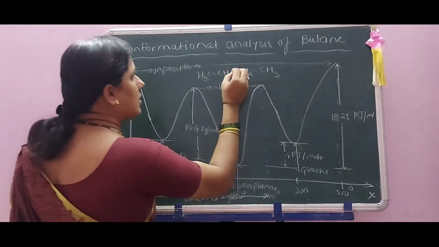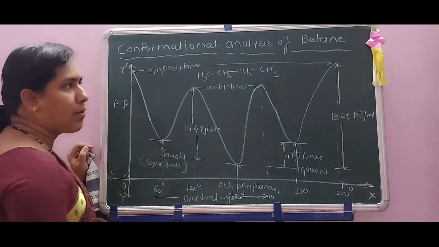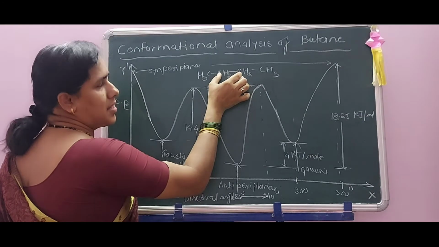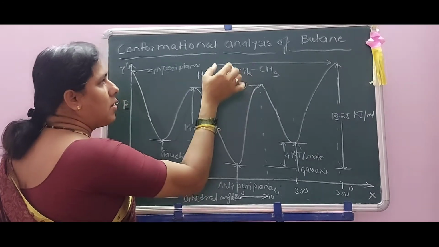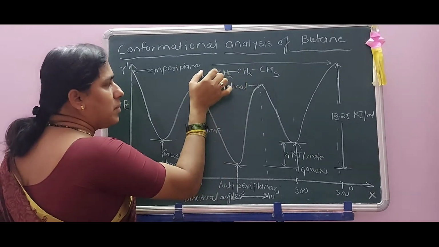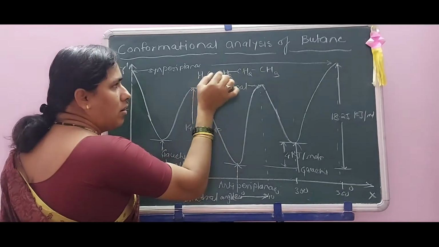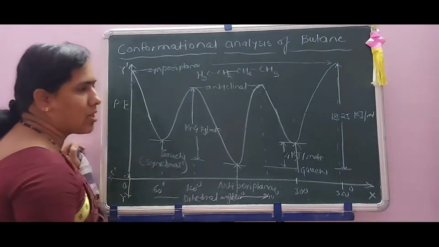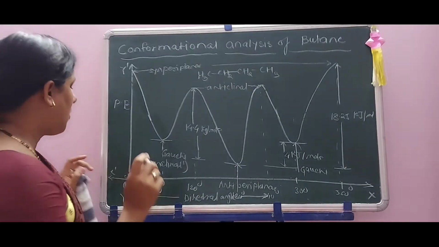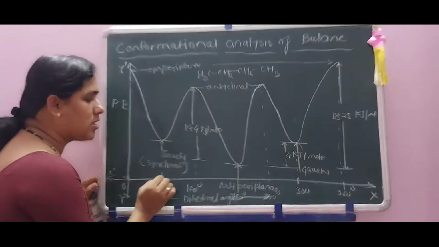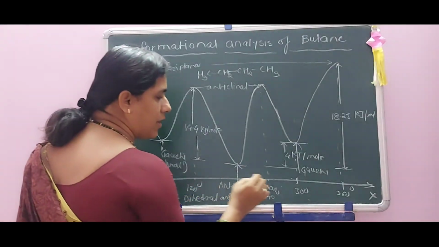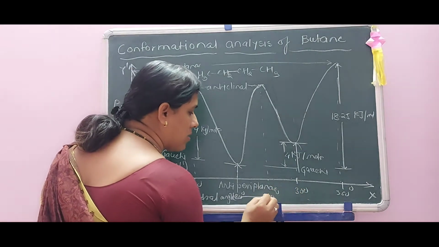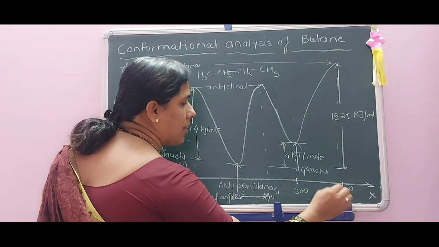Now the rotation about the central bond, the bond between C and C, is with respect to the attachment of vicinal carbon atoms, that is CH3 and CH3. What are its configurations at 0 degrees, 60 degrees, 120 degrees, 180 degrees, 240 degrees, 300 and 360?